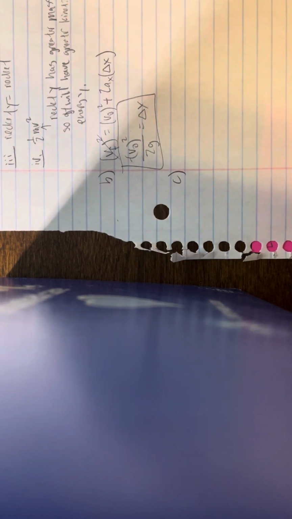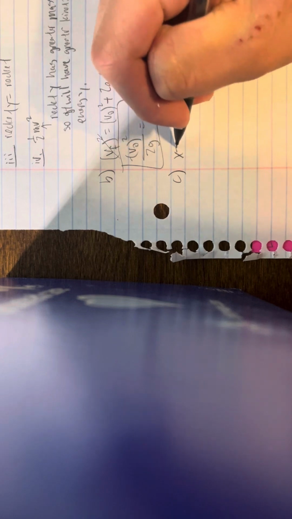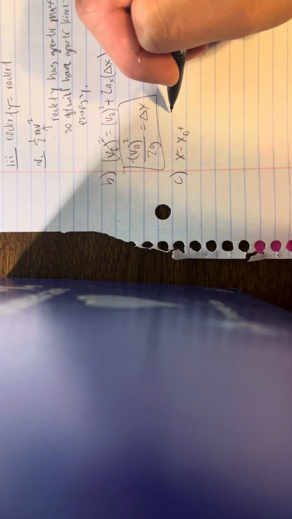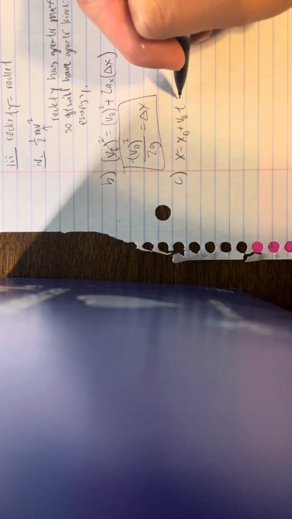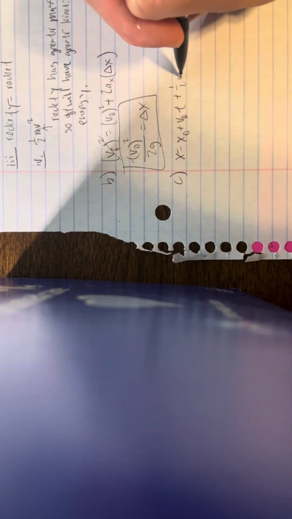Okay, part C, use reasoning, including equations as needed, to derive expressions for the time it takes rocket X and rocket Y to reach the ground after reaching their respective maximum heights. You can also use the kinematic equation x equals starting position plus initial velocity times t plus one half a t squared.